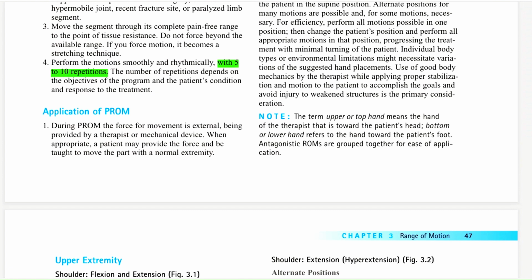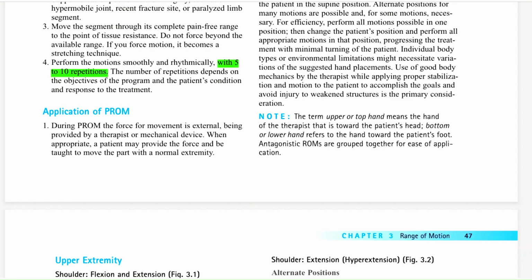Gravity can be your best friend or your biggest challenge, depending on how you use it. How your patient uses it depends on the patient's condition, tolerance, and muscle strength.